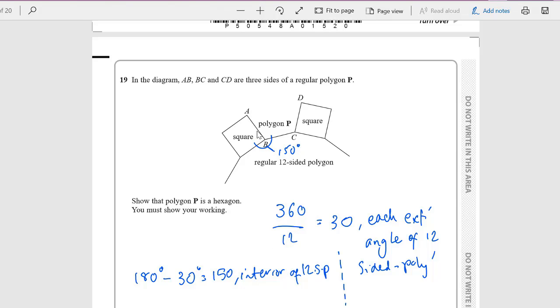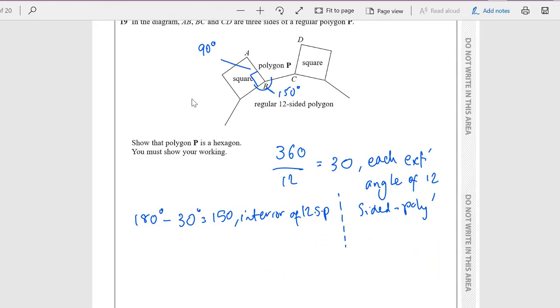I know because this is a square, this is 90, a right angle, and I know that x is going to be 360 minus 90 minus 150. So that's going to be 120.